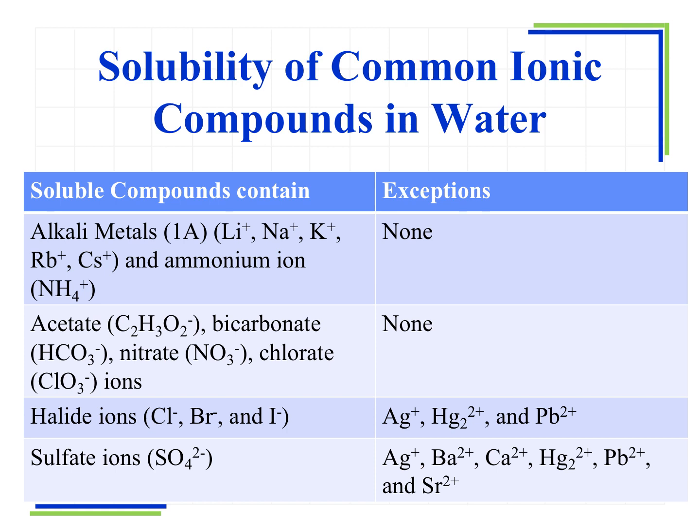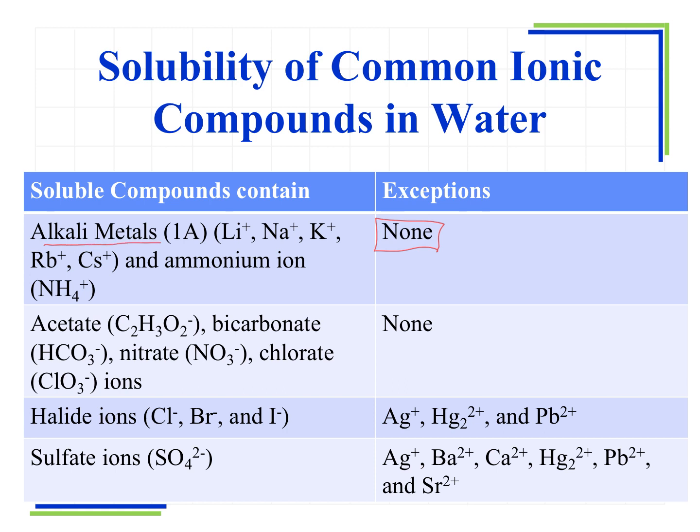Okay, in this table, the first ones are the cations that are soluble, no exception, which means any ionic compound that has the cations listed in this table is soluble in aqueous solutions.